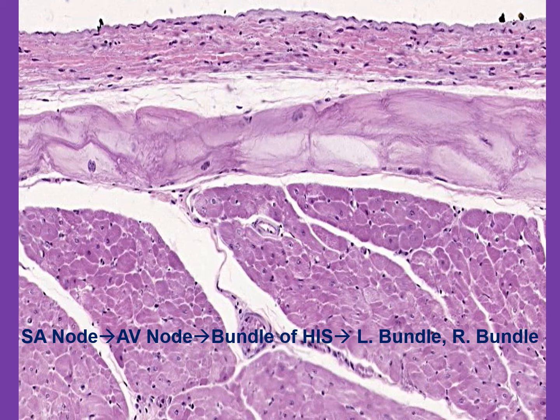We have the SA node, AV node, the bundle of His, and we have the left bundle branch and the right bundle branch. We always think that the conducting system of the heart is muscle or part of the nervous system, but basically this is a modified tissue with characteristics of both the muscles and the nervous system.